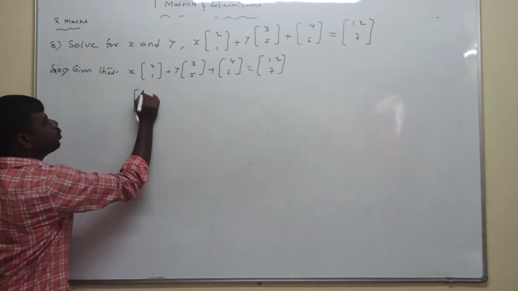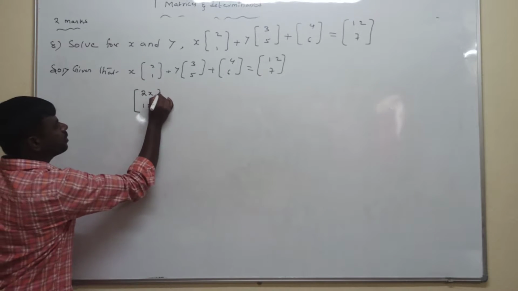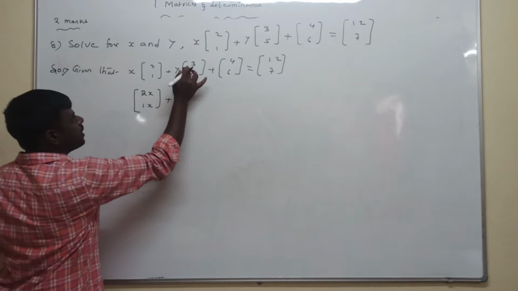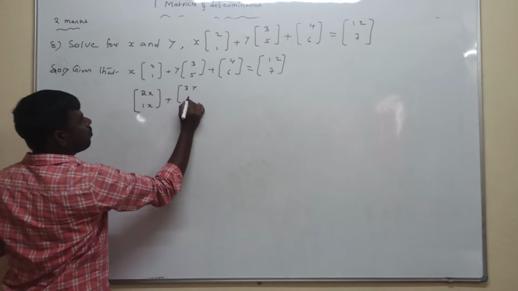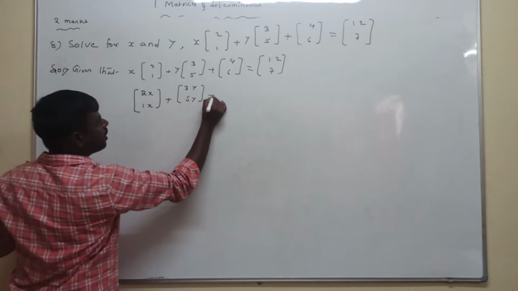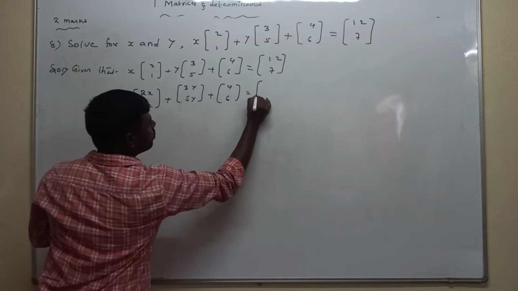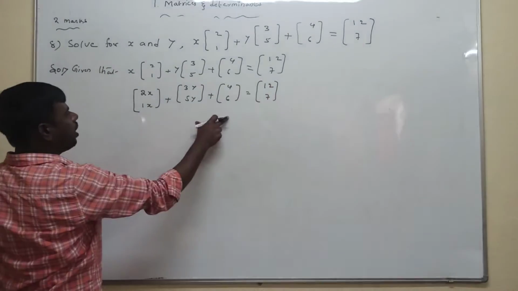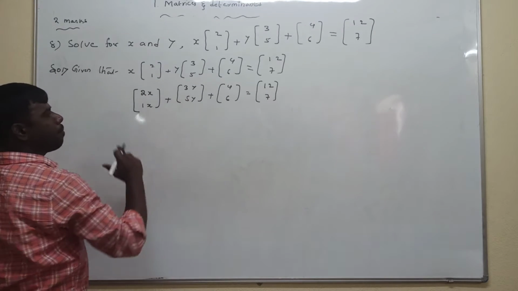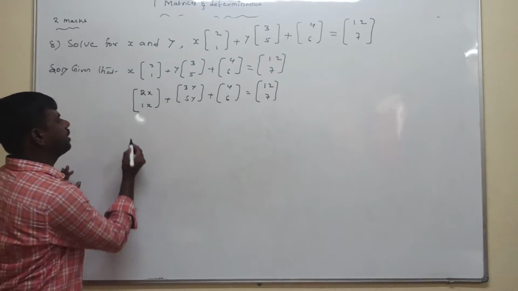Now 2 into x is 2x, 1 into x is 1x, plus each element multiplied with y: 3 into y is 3y, 5 into y is 5y, plus 4, 6 is equal to 12, 7. Observe here, all three matrices have the plus symbol, so we add corresponding elements.